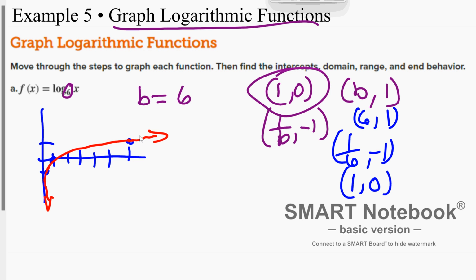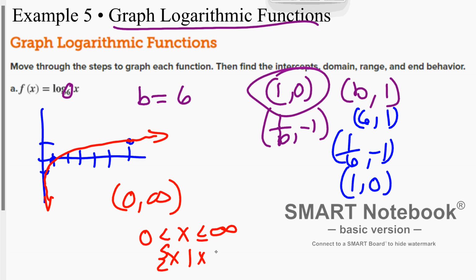Our domain doesn't include 0, so we can do 0 to infinity, and we just keep on going to infinity, or we can say all x such that x is greater than 0.